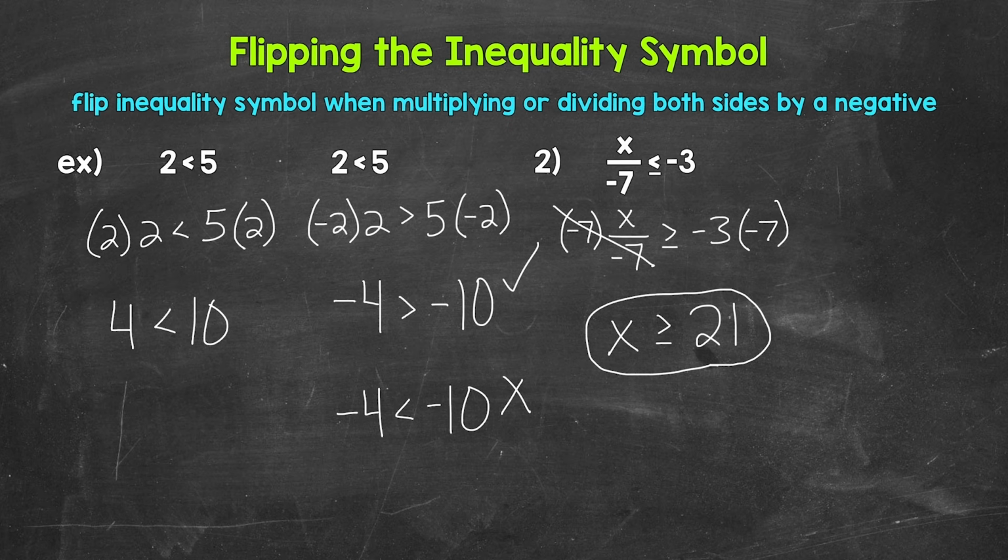We multiplied both sides from the original problem. We flipped after multiplying, and we ended up with the correct answer. But here, I wanted to rewrite this to show that technically, the symbol flips as soon as both sides are multiplied or divided by a negative. So we wrote out that step to show that.